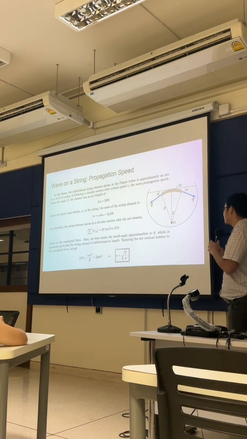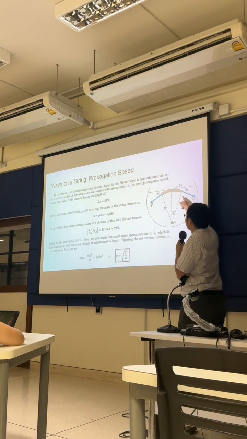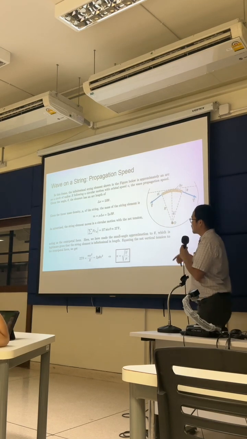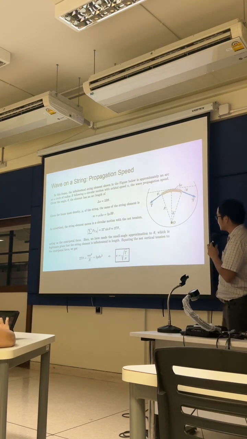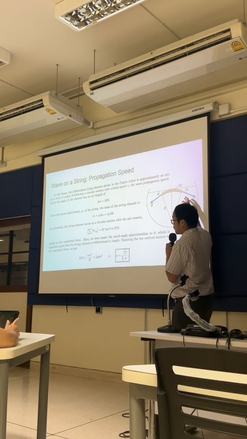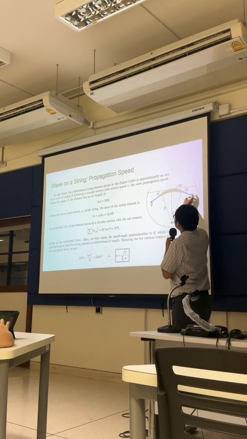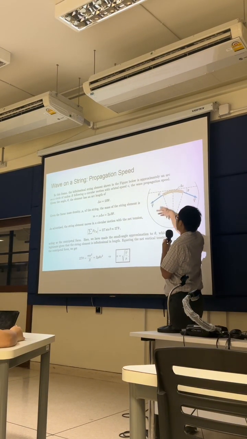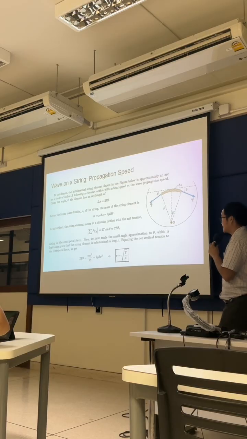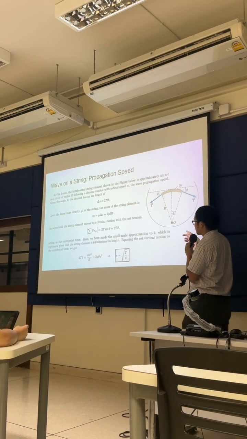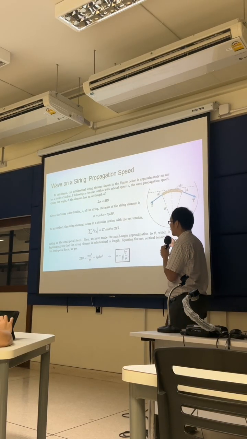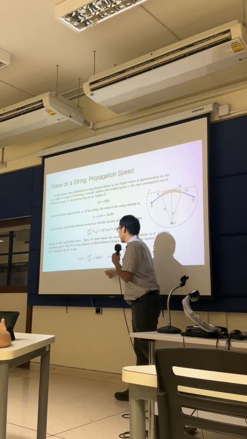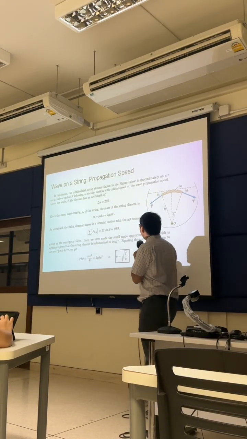So this is a net force acting on this little string element, and it also acts as the centripetal force. If you remember from the circular motion, because this string element is doing a circular motion around point O, it has a centripetal acceleration that corresponds to the centripetal force of m v squared divided by r, right?